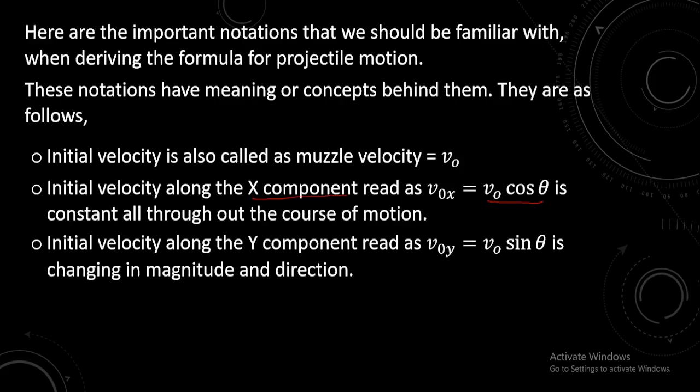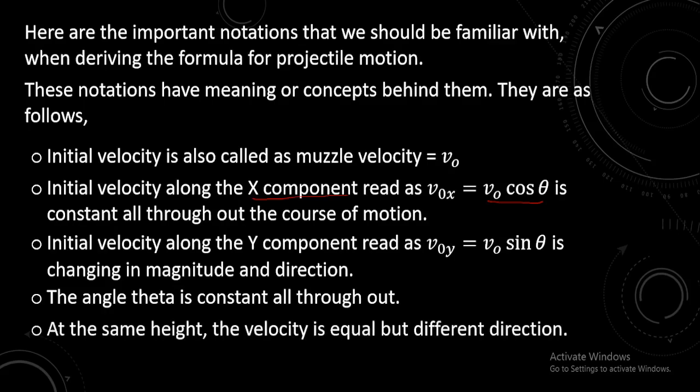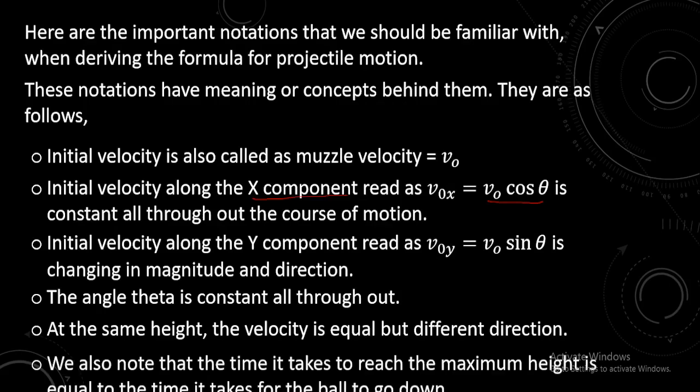This is computed using the formula v sub o sine theta, and this is changing in magnitude and direction. So the angle theta is constant all throughout, and don't forget that at the same height the velocity is equal but different in direction.